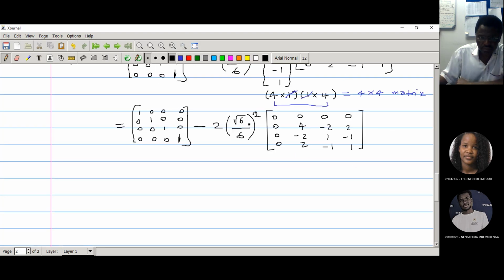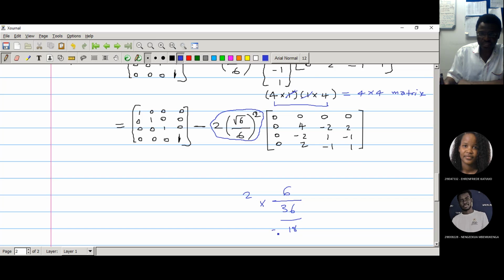Obviously, if I simplify this expression, let me quickly simplify. So all this expression, what is it? This is 6, and this is 36. Now, if I divide 36 by 2, this will be 18, right?